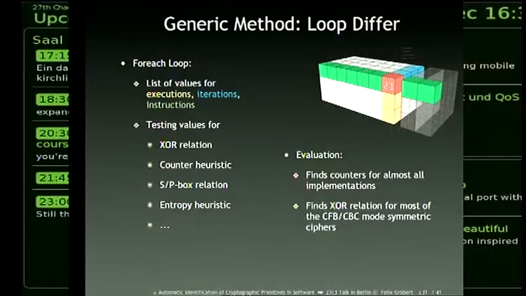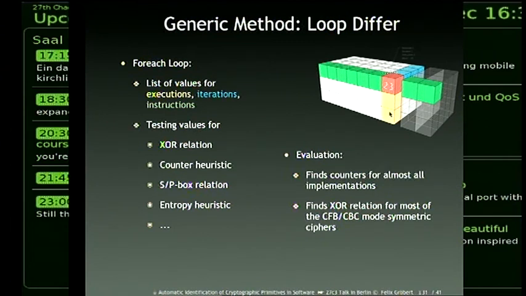One generic method I implemented was the loop differ. You can think of a loop as this three-dimensional cube where each axis has a number of executions, instructions, and iterations. So, for example, here in the green axis, you have the instructions.